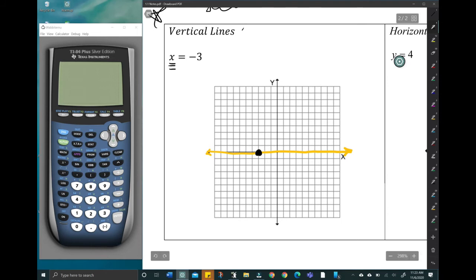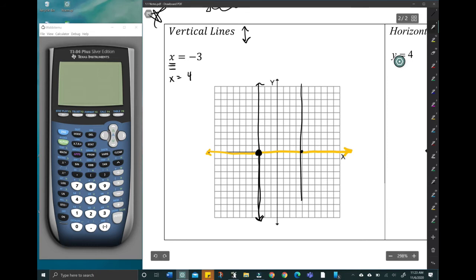If you don't, now you do. And once you plot the -3, you're just going to go right on through it and make yourself a vertical line. It's a little funky there, but you get the idea. So x equals -3. Maybe it's x equals 4. Well, then you have 1, 2, 3, 4. Plot it through there. Right up and down.